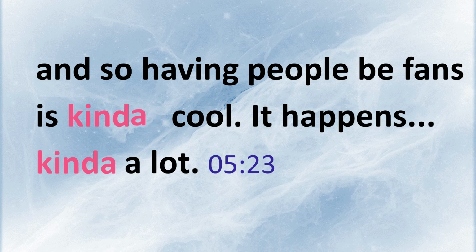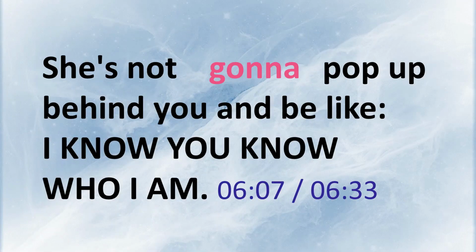Our next example is a bit trickier. "She's not gonna pop up behind you and be like, I know you know who I am." Here we have another connected speech word that's written as we pronounce it. Gonna. Because of our previous example, you would think that gonna would be "going of".